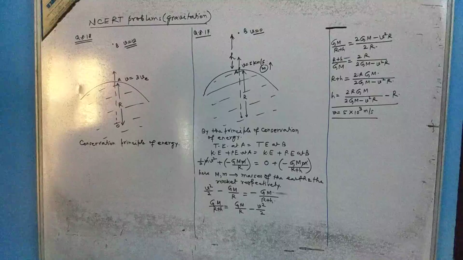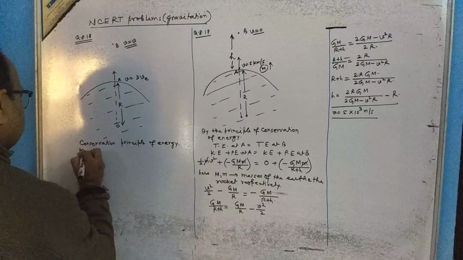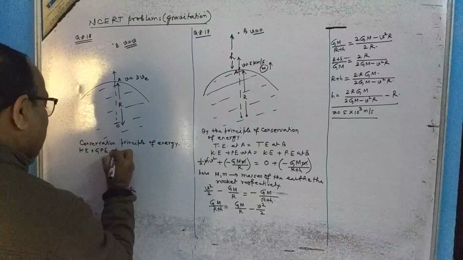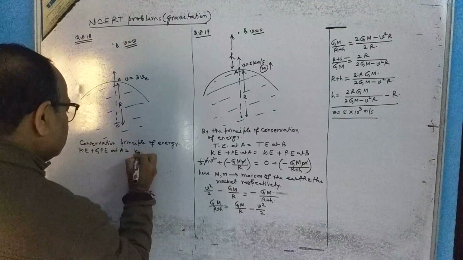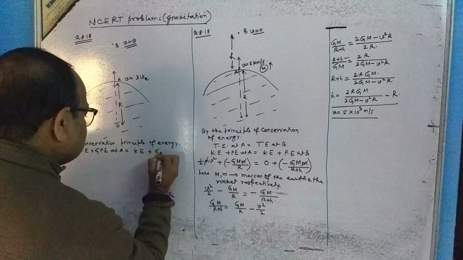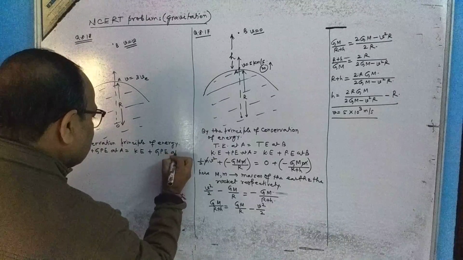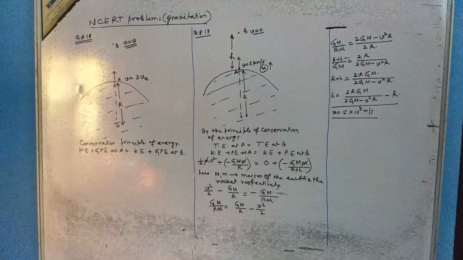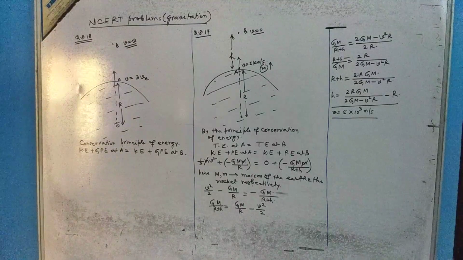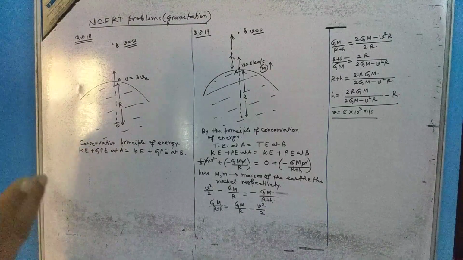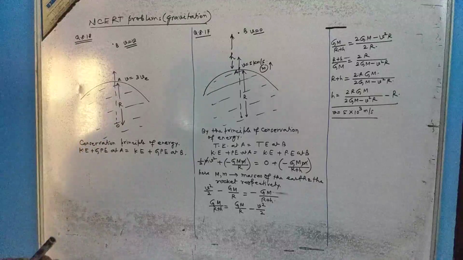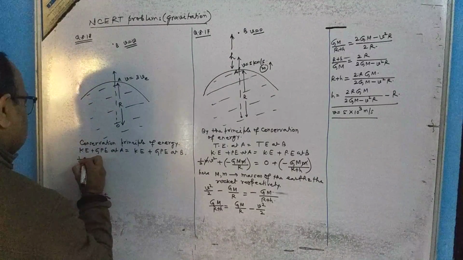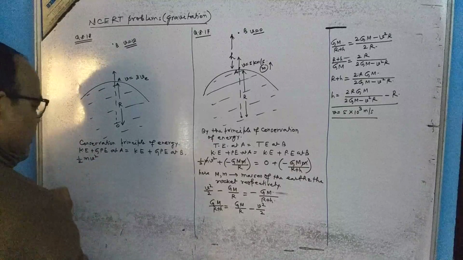Obviously, by conservation principle of energy, kinetic energy plus gravitational potential energy at A is equal to kinetic energy plus gravitational potential energy at B. Simple. Kinetic energy and gravitational potential energy. So here definitely gravitational potential energy. So what is kinetic energy? At A, half m v square.